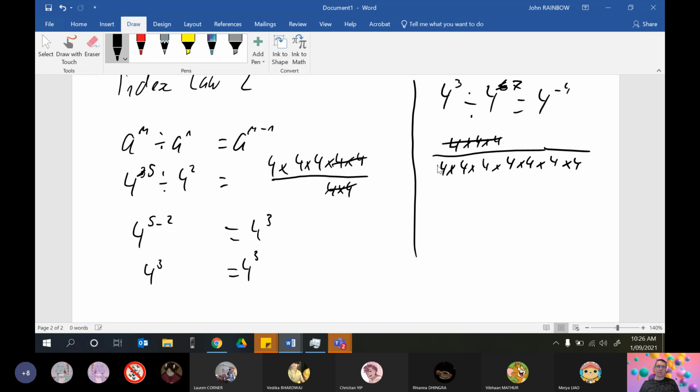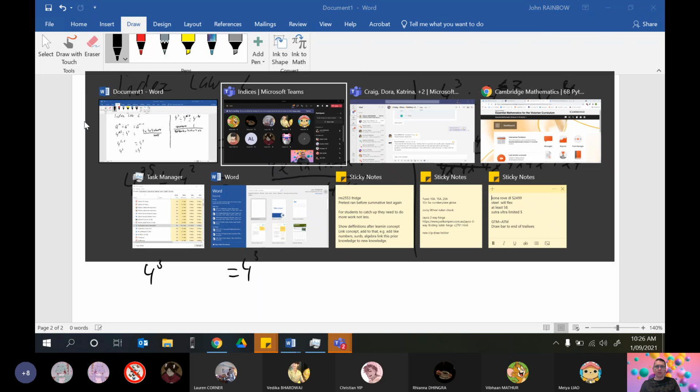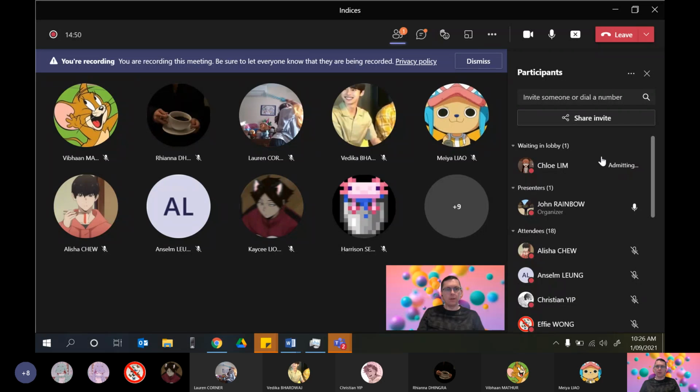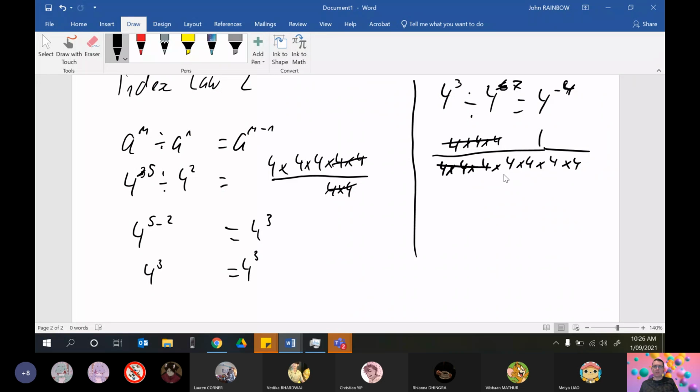These three cross out with these three, which leaves 1 on 4 times 4 times 4 times 4. That brings us to another understanding of the index laws: if it's a negative, it represents 1 on 4 to the power of 4, and that is the same thing as 4 to the power of -4. That's a whole other law in itself.